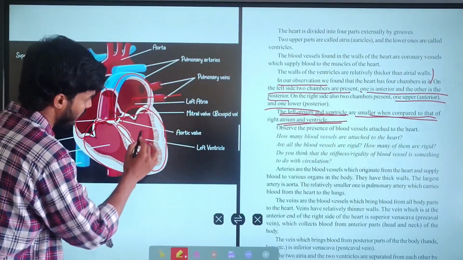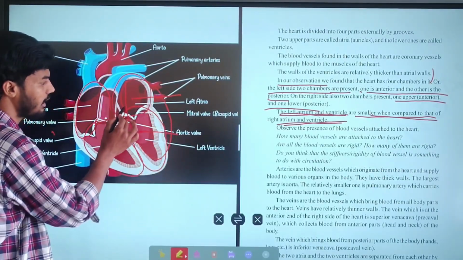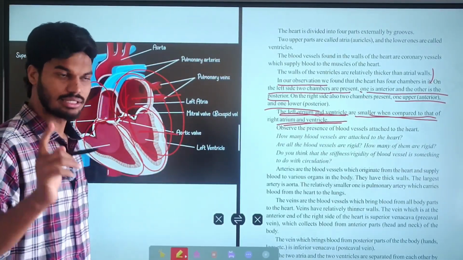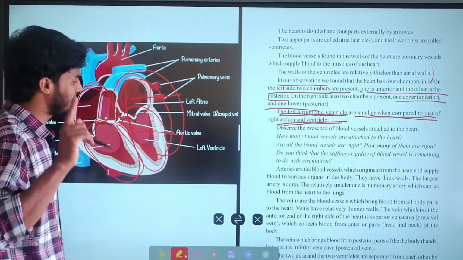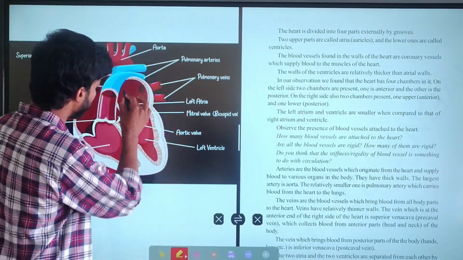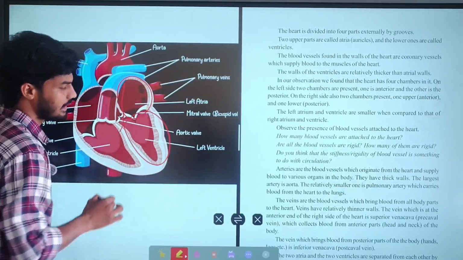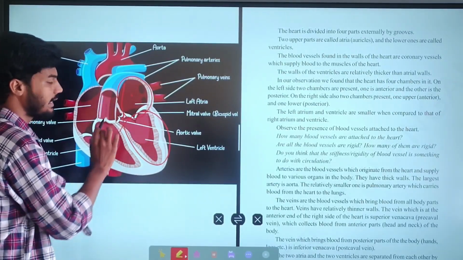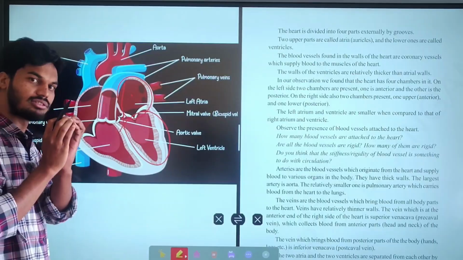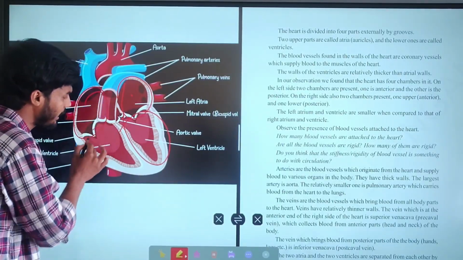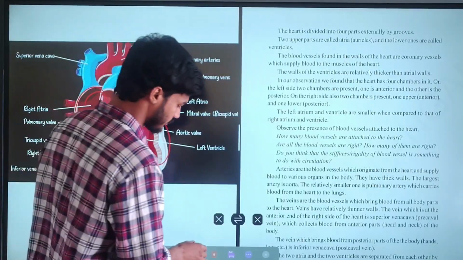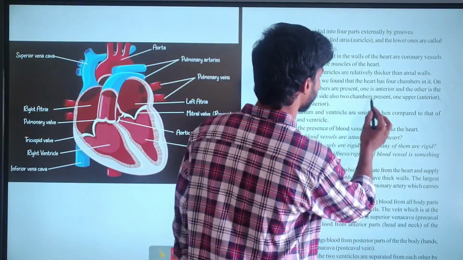This left atrium and this left ventricle are smaller in size compared to the right atrium and right ventricle. Clear? Next, what is given?